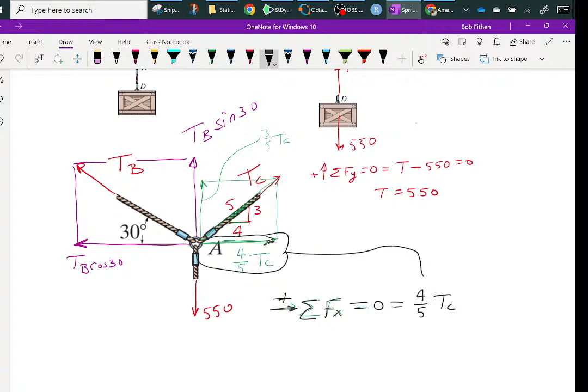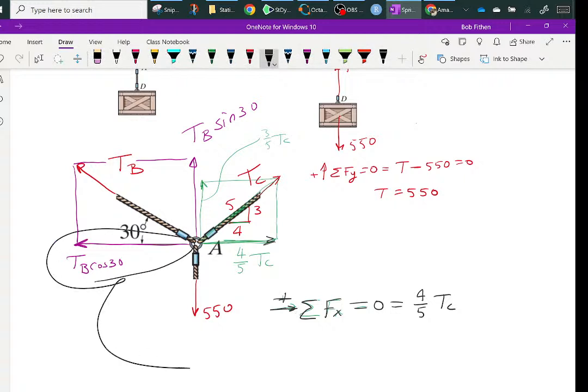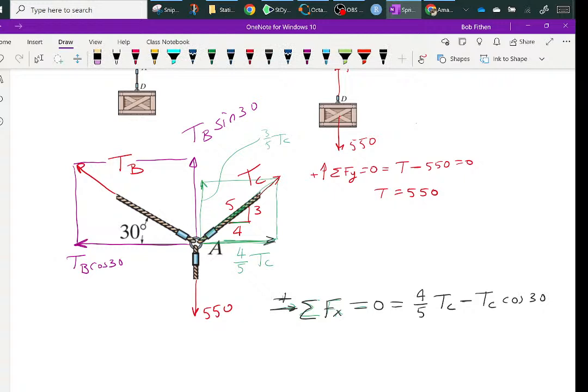This vector is going in that direction, so we're all good there. And then I've got this one, which goes in the negative direction: minus TC cosine of 30. And so I've got an equation here. Now, most people put the 0 on the right-hand side, but that's an equation. It's two unknowns, one equation. So I need something else.